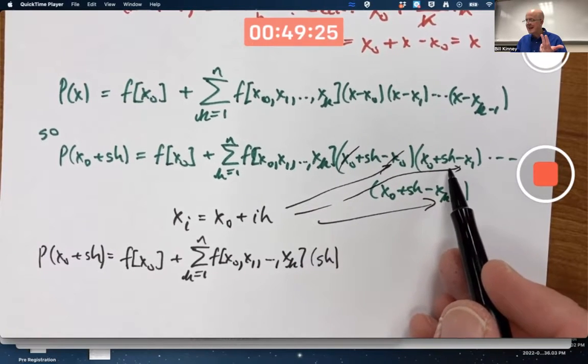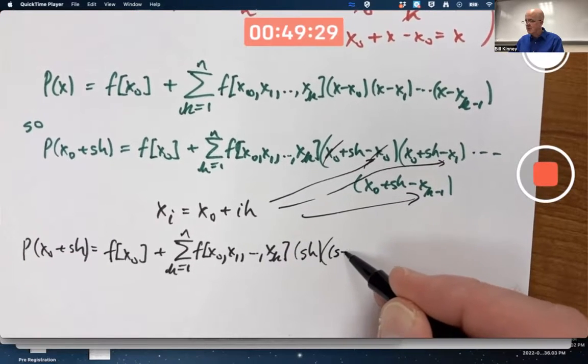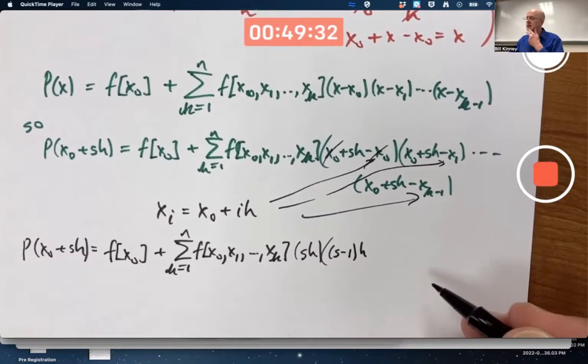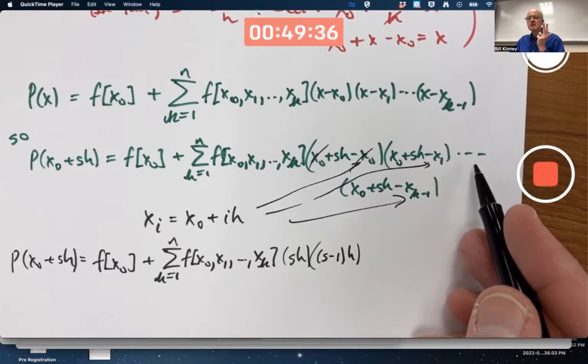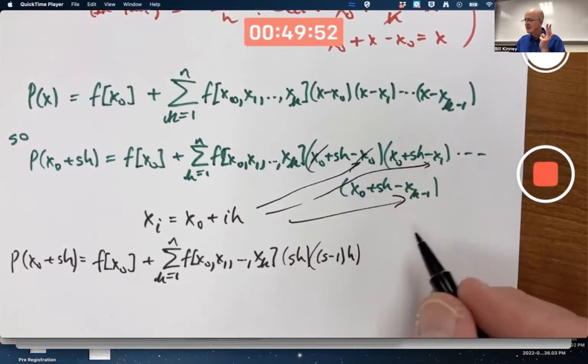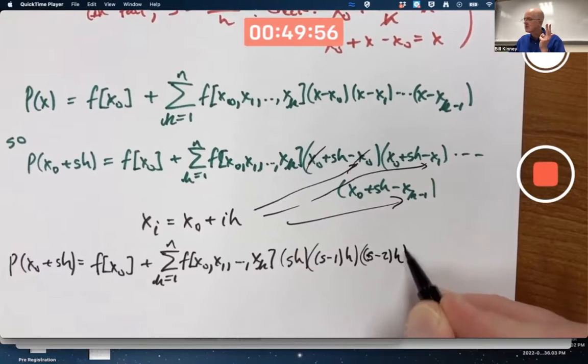You would end up with sh minus h, which is s minus 1 times h. With the next one, which I did not write, replace x2 with x0 plus 2h. x0s cancel. You're left with sh minus 2h. Can you see that in your mind's eye? You'd be left with s minus 2 times h.